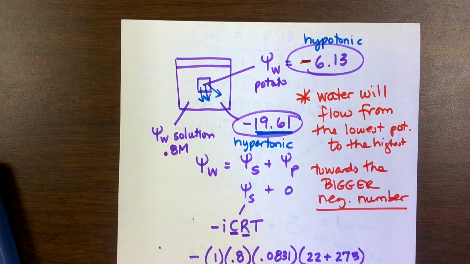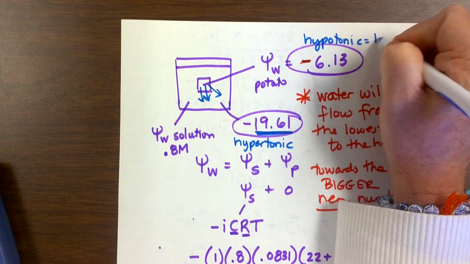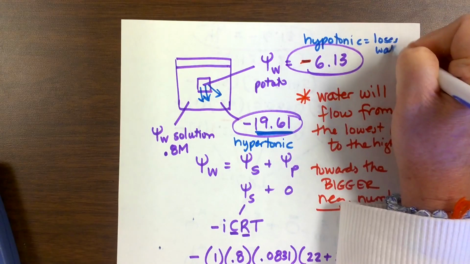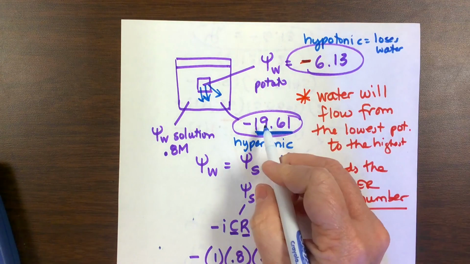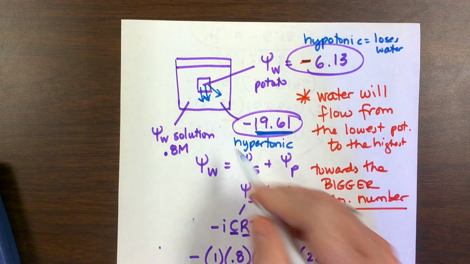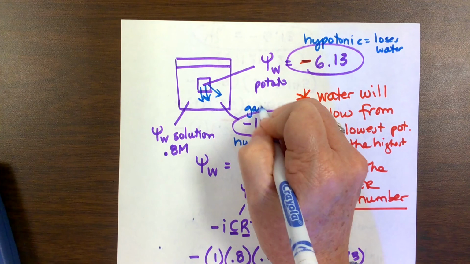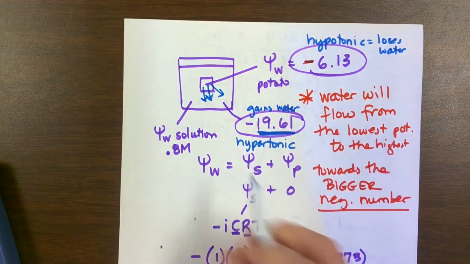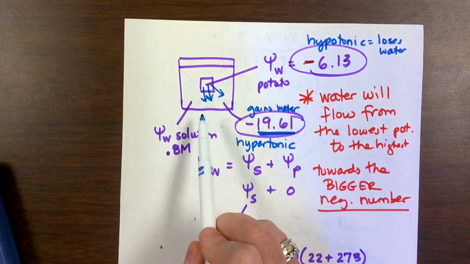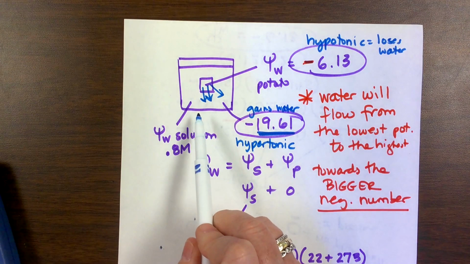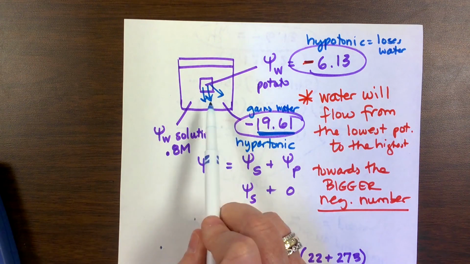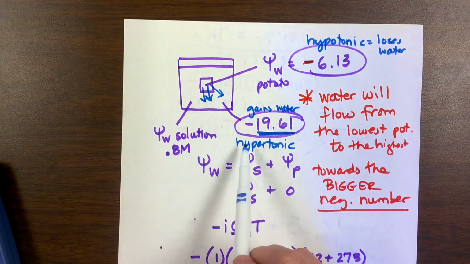So the potato loses water to the environment, and the environment gains water. So if you were to put that potato into that solution and you found the beginning mass and the ending mass, you would see that that potato lost mass because it was losing water.